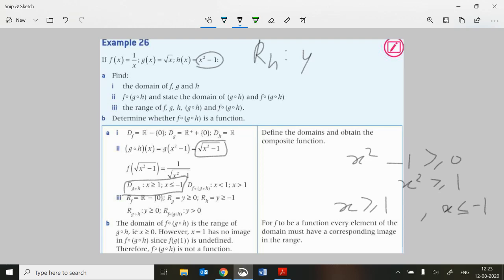So answers for h are greater than or equal to -1. So by putting in a 0 here, we'll get the smallest value for x squared. And so the smallest value for this entire function is -1, and everything else is going to be greater than that. Okay, now you can see that the range here is not the same as this domain here. So perhaps we need to restrict this domain.